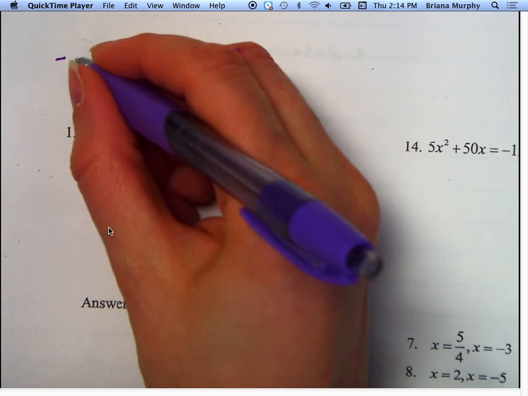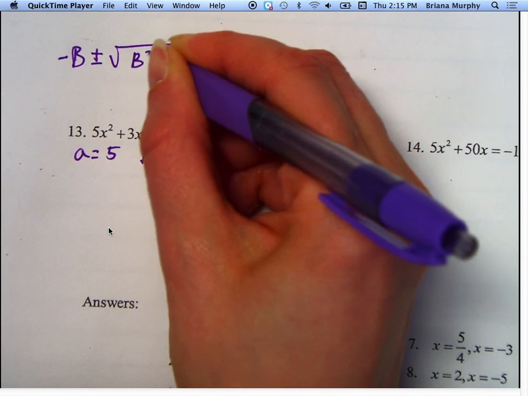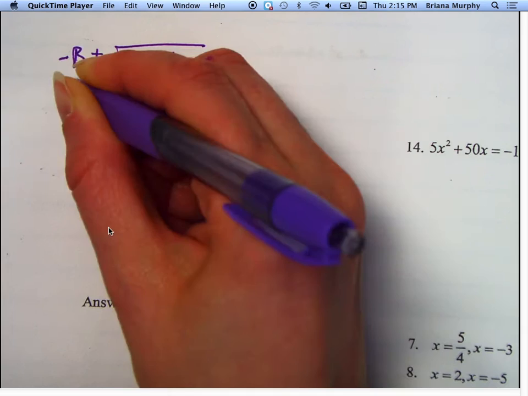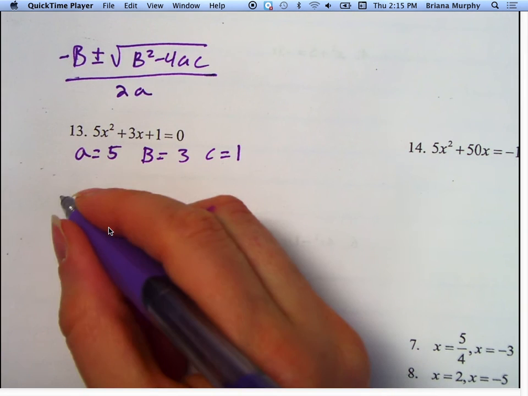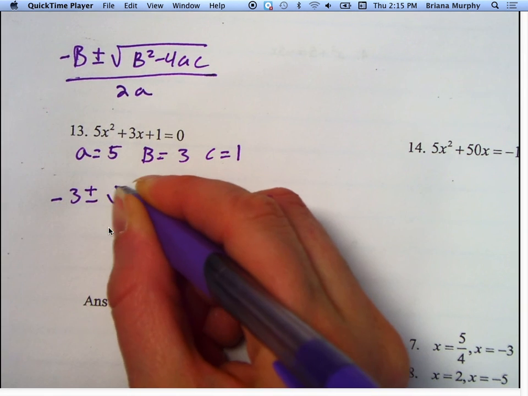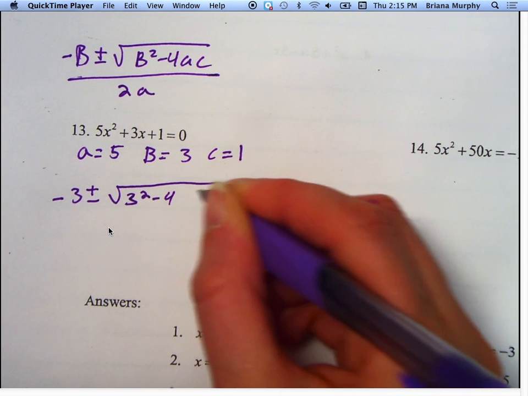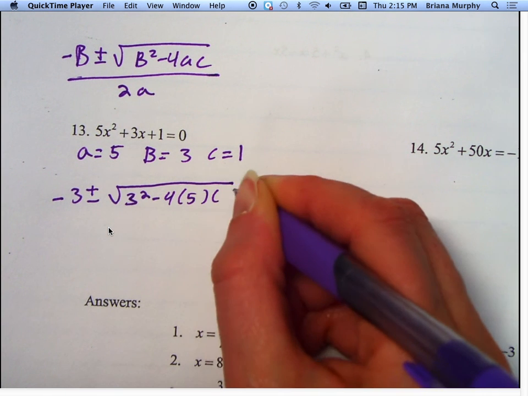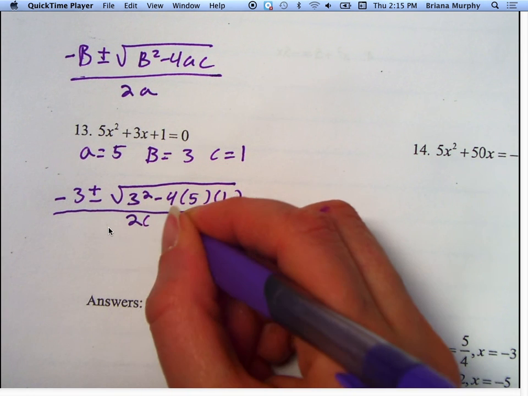We've got negative B plus or minus the square root of B squared minus 4AC all over 2A. So that's negative 3 plus or minus the square root of 3 squared minus 4 times 5 times 1, all over 2 times 5.